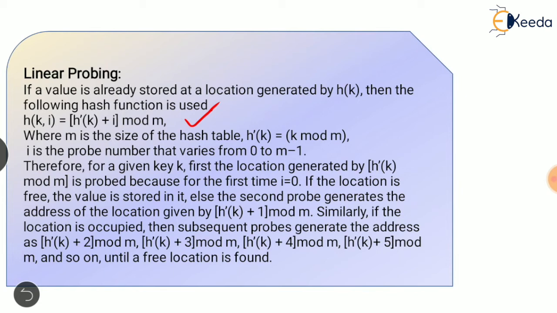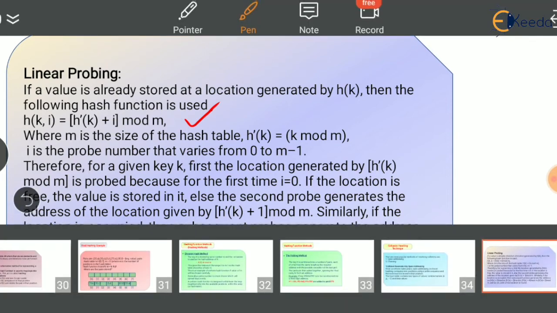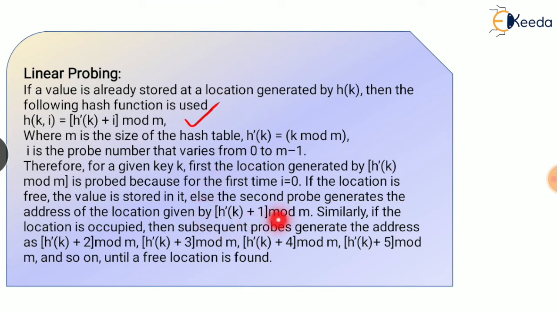Else the second probe is generated. If the place is not free, then the second probe is generated because we want to store the key at a unique location. The second probe generates the address of the location given by (h'(k) + 1) mod m.